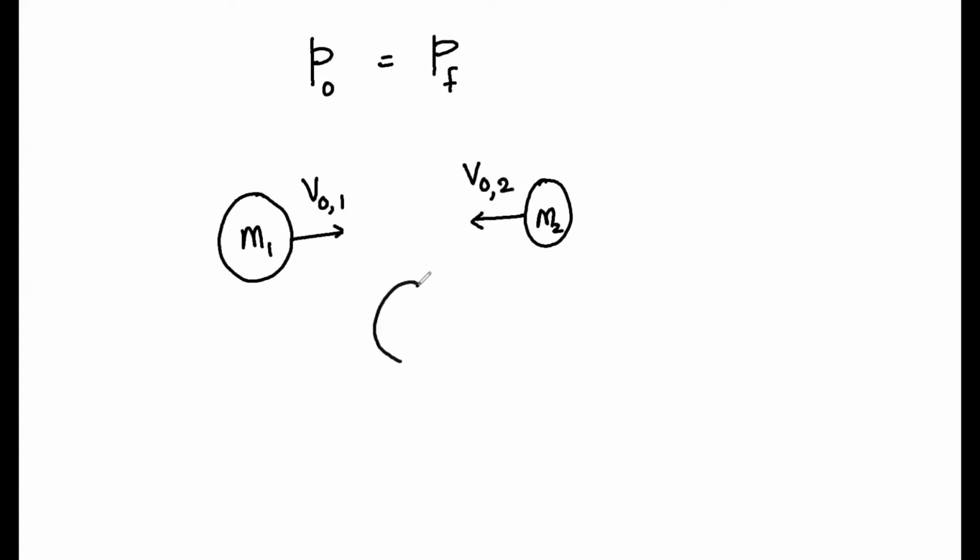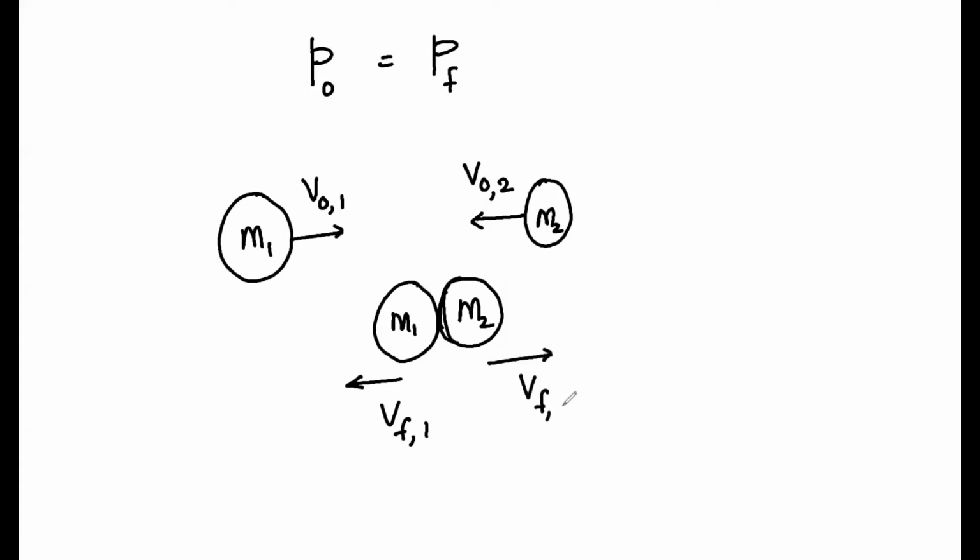Now these two objects, m1 and m2, collide, and after collision, m1 bounces off with a velocity of vf1, and m2 bounces off with a velocity vf2.